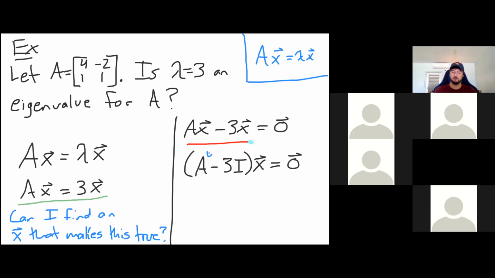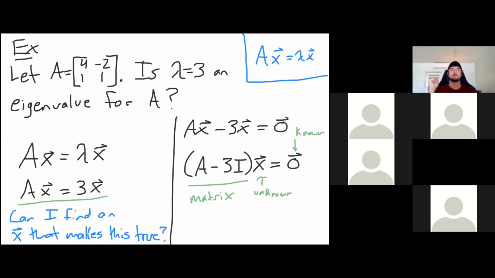But now, after I factor out that x, I actually have a matrix times a vector of unknowns equal to a vector of knowns, because we know what the zero vectors look like in any Euclidean space or a matrix space.